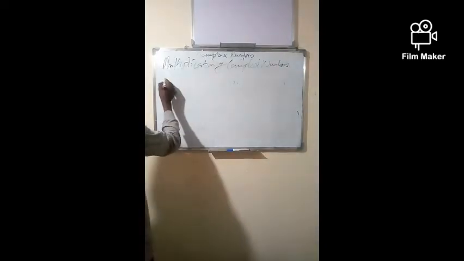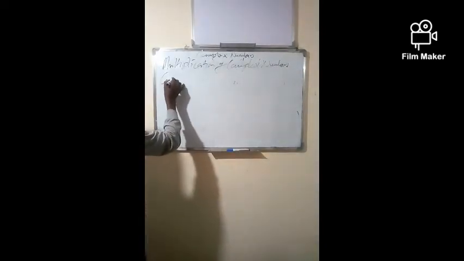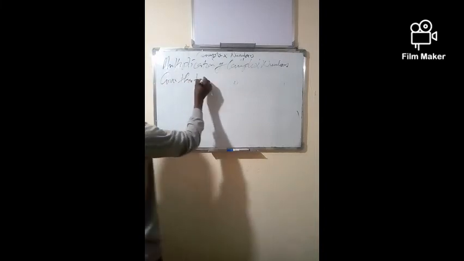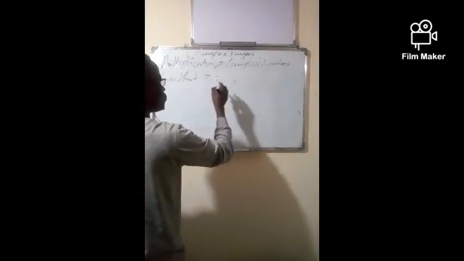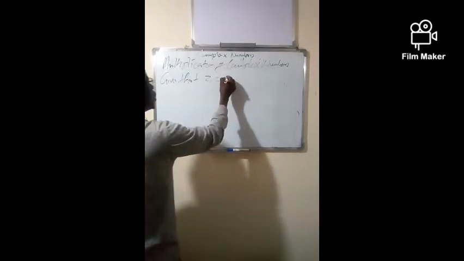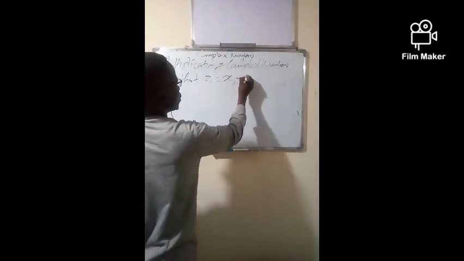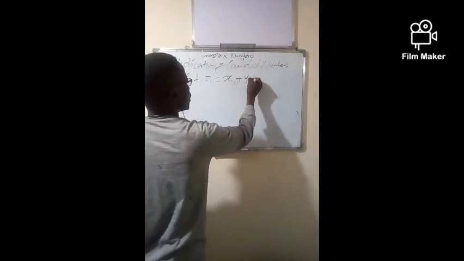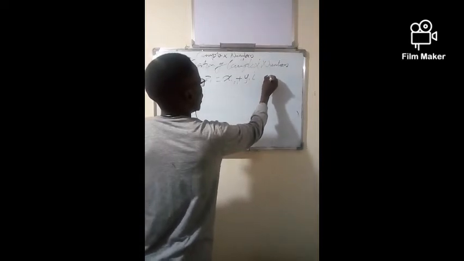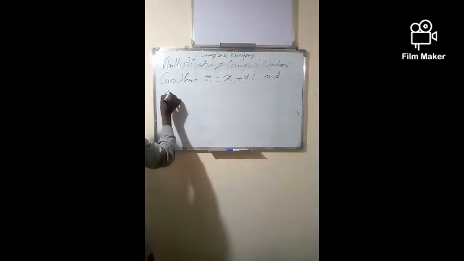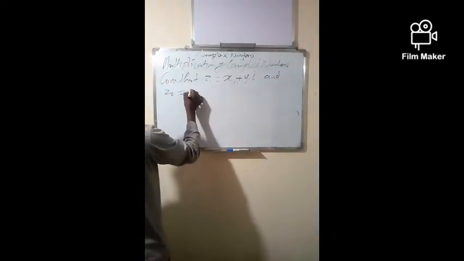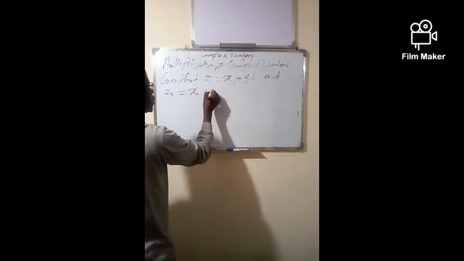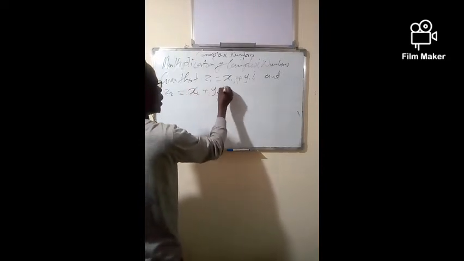So we said that given that z1 is equal to, let's say, x1 plus y1I, and z2 is equal to, let's say, x2 plus y2I.